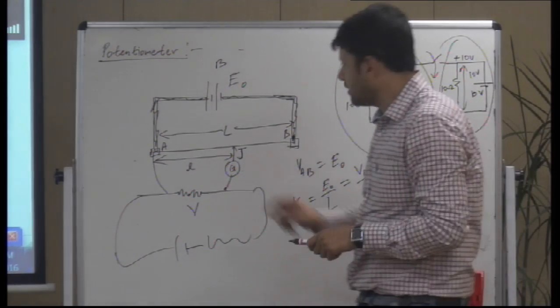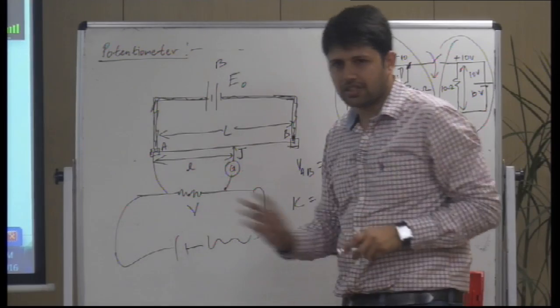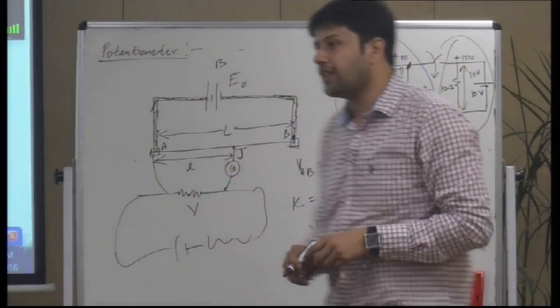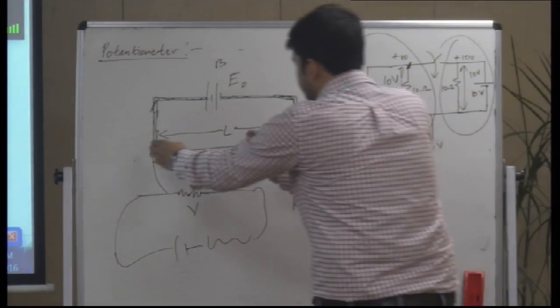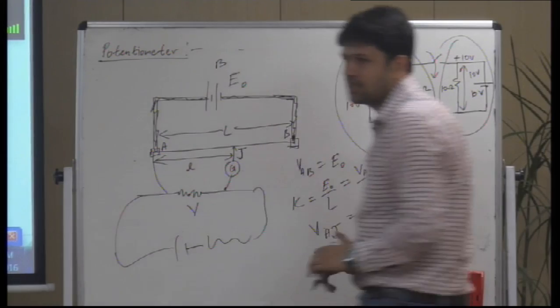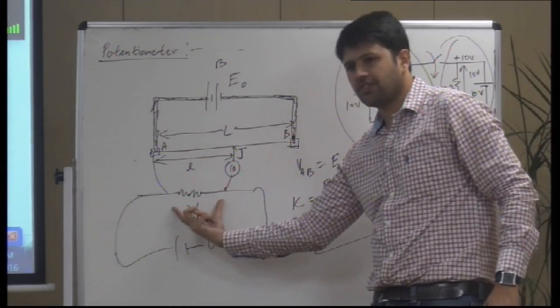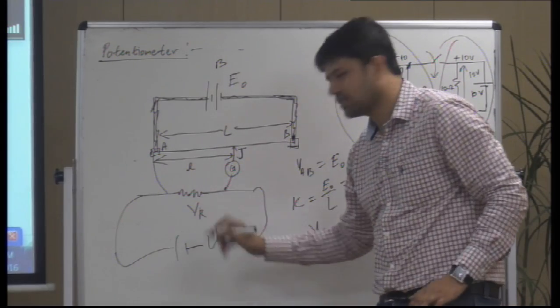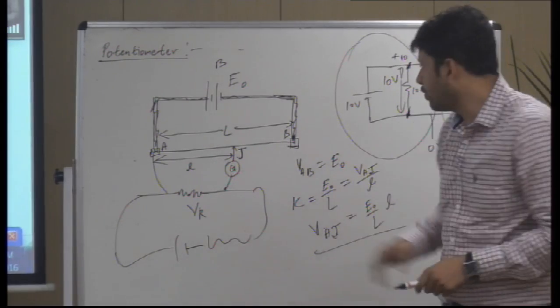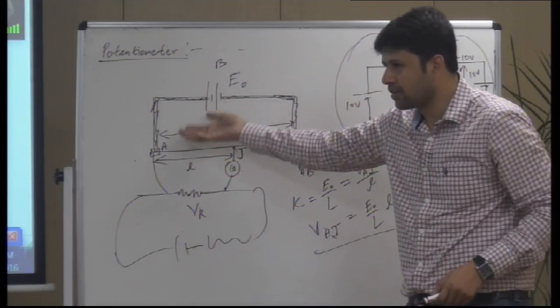So when we tap, tap, we try to find a point such that the potential difference here and here is the same. When the potential difference VAJ is the same as the potential difference across the resistance VR, no current will flow from here to here or from here to here.